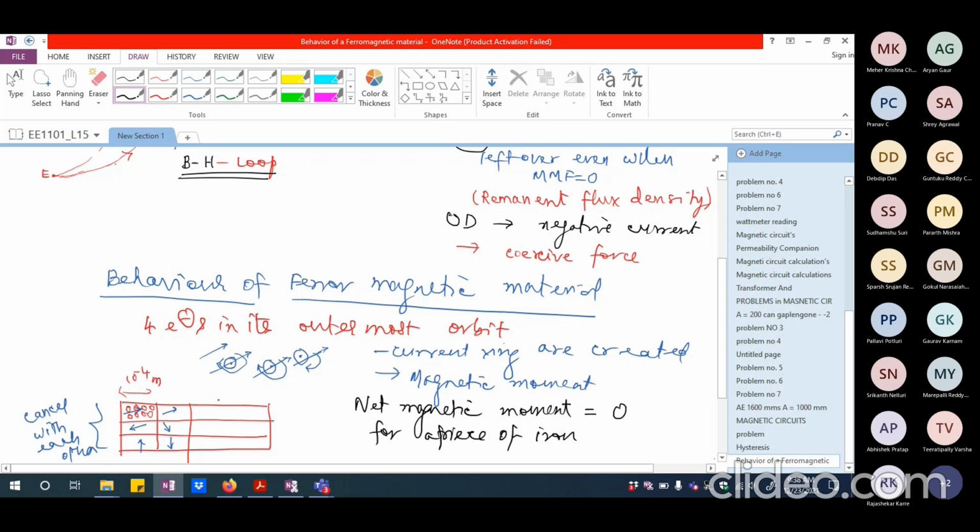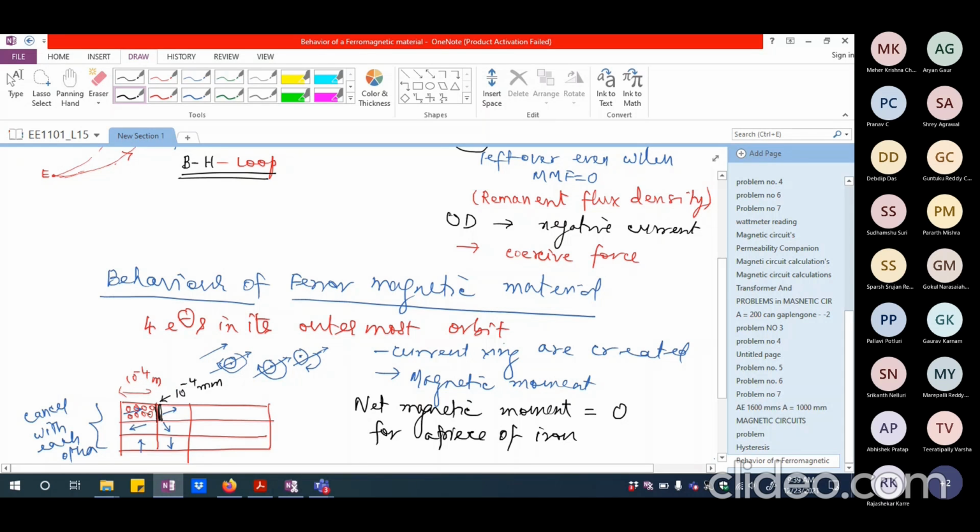Now, between one domain and another, there is something like a dividing wall, and this dividing wall is about 10 power minus 4 millimeter in length. Compared to the 10 power minus 4 meter width of the domain, 1,000th of that is the dividing wall's thickness.